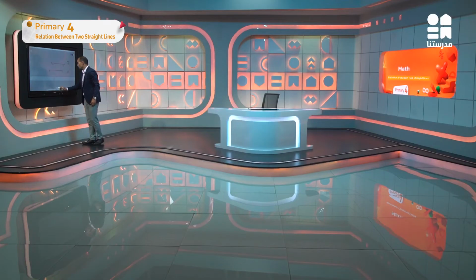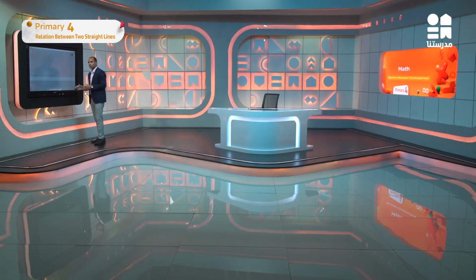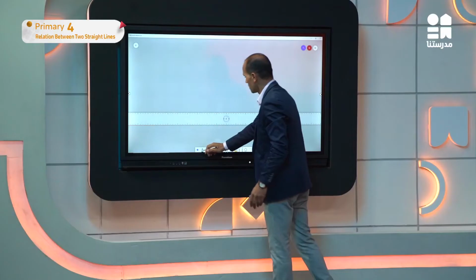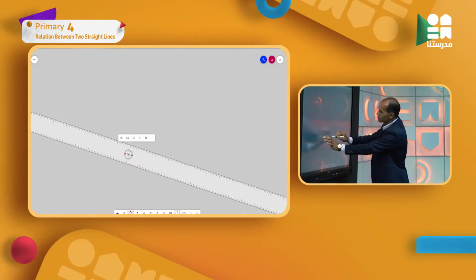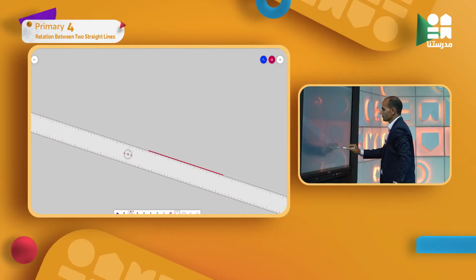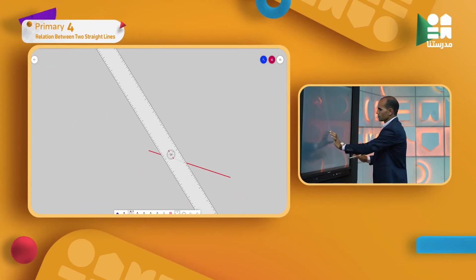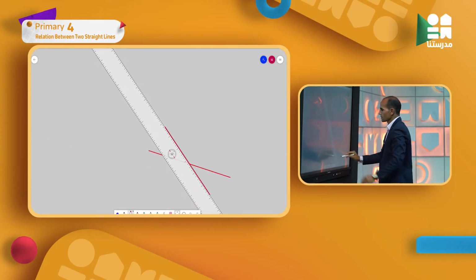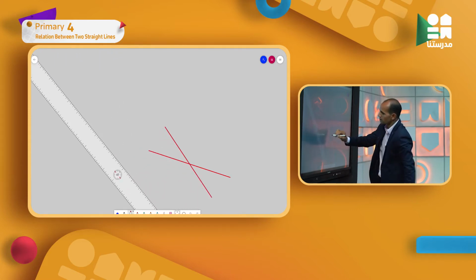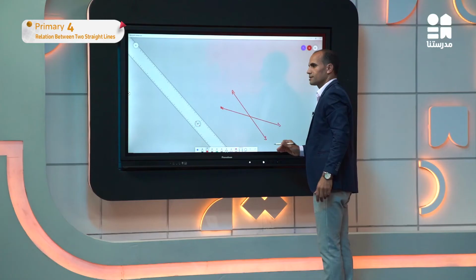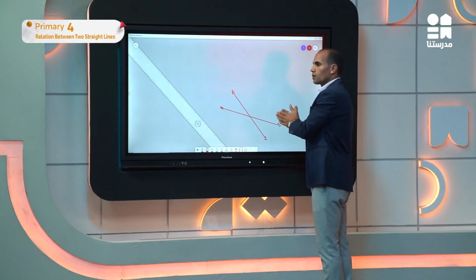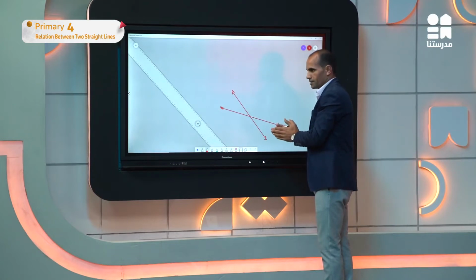Now we are going to speak about the 2 straight lines and the relation between them. If we have 2 straight lines, this is a straight line, and this is another straight line. Of course, we will make arrows here. So here I have two straight lines. The two straight lines here are called two intersecting straight lines.